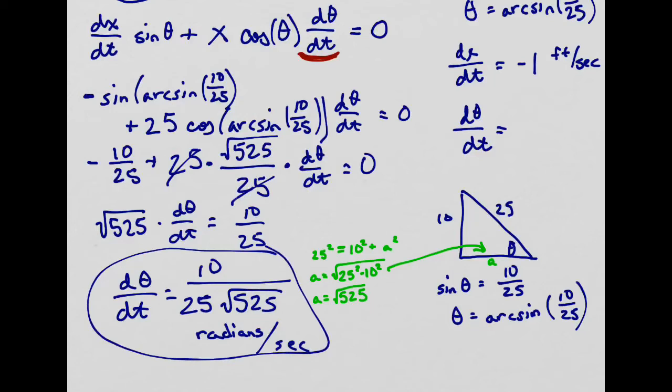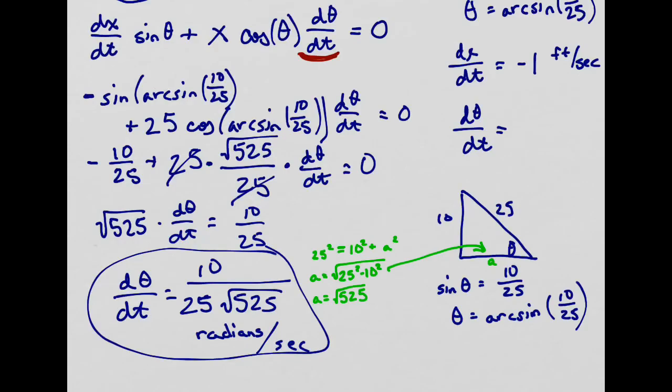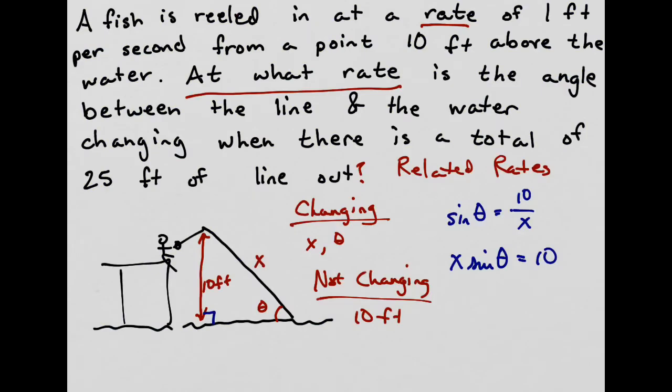So I think this is an appropriate answer. If you wanted to, you could put this into your calculator and approximate it, but I'm just going to leave it as is. So just going back to our problem, we're looking at how this theta is changing, and we solved for that using basically sine of theta. So we found something that related the two things that we knew the rates of: the line in the water and the angle.